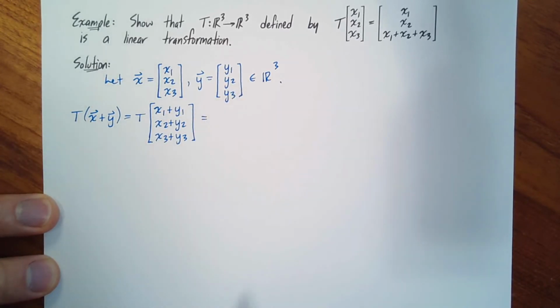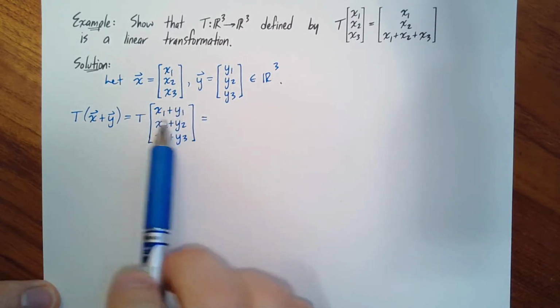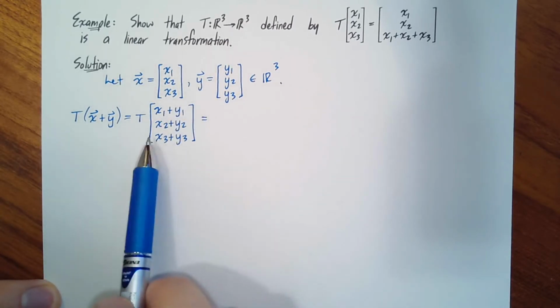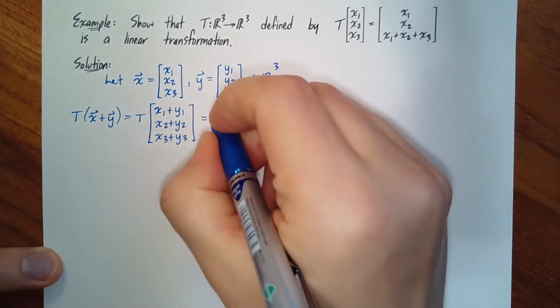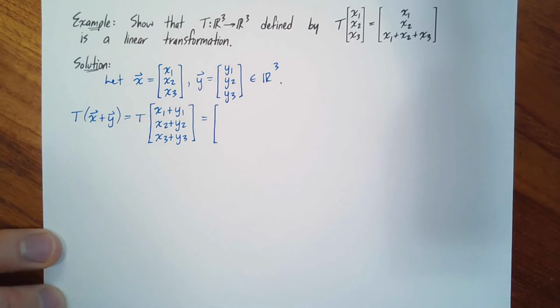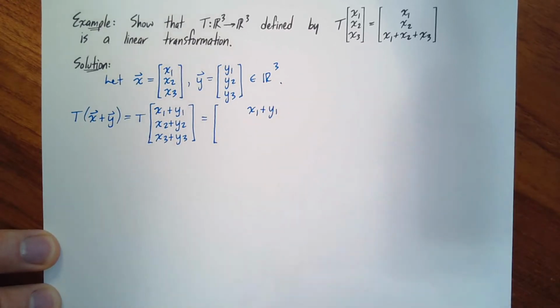So the sum of all 3 coordinates is going to be the sum of all 3 of these coordinates. So actually, our third coordinate is going to be quite wide, so I'm going to leave myself quite a bit of space here. So the first coordinate and the second coordinate won't change though. So the first one, I'm going to write x1 plus y1.